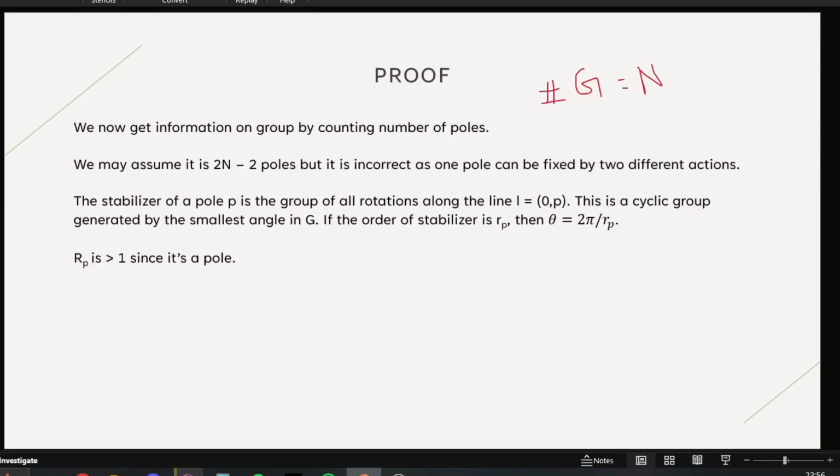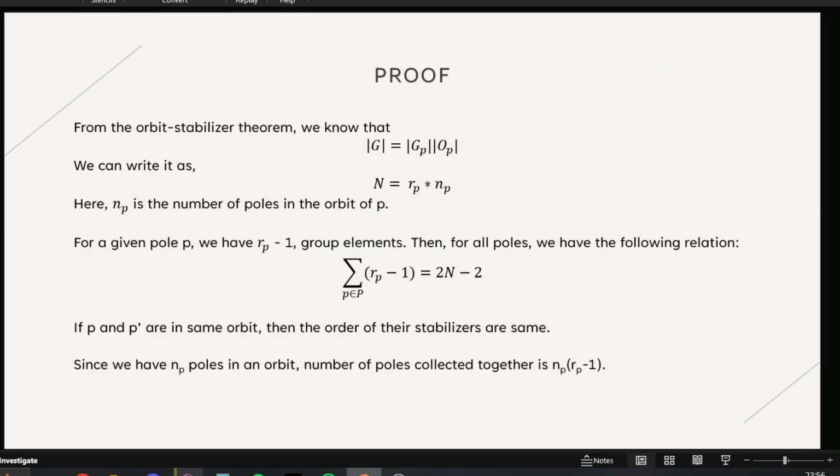So the stabilizer is a cyclic group because it is generated by the smallest angle theta, which is given by 2 pi over rp. Since it is a pole, rp will at least contain two elements. Next is from the orbit stabilizer theorem.